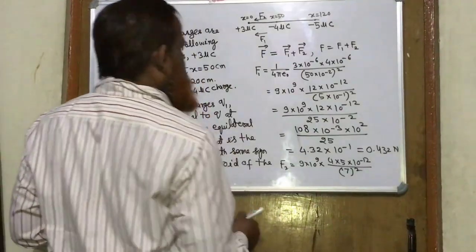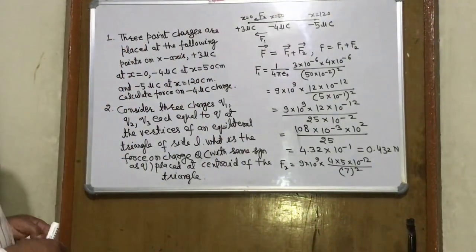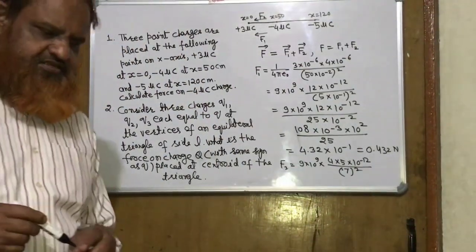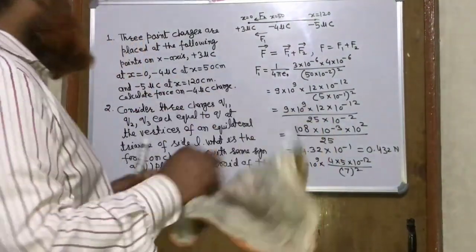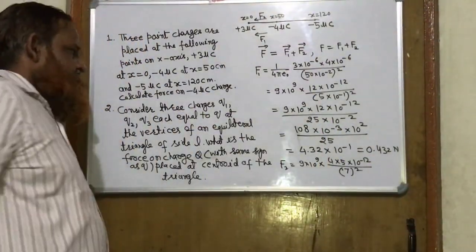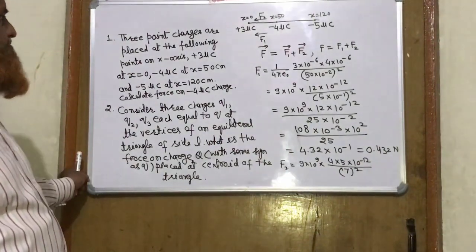Calculate F2 and then sum F1 plus F2. Then you will get the answer. Note down this.